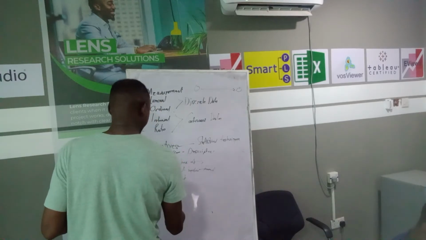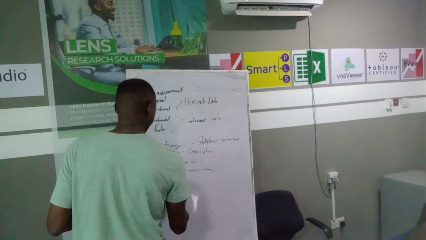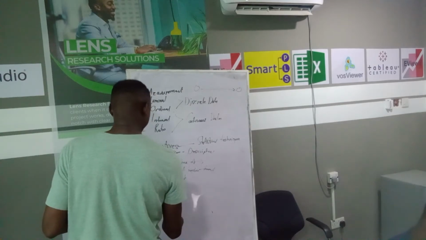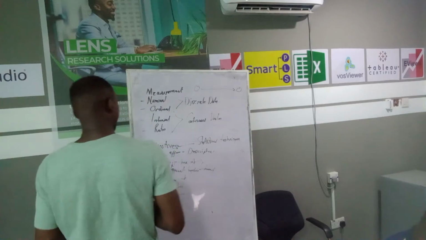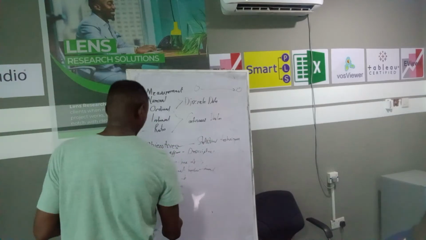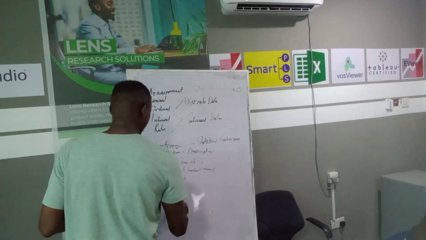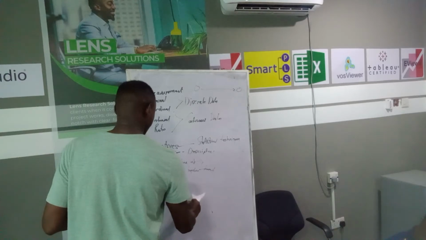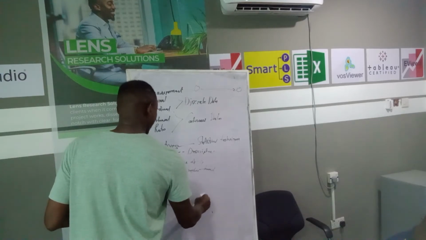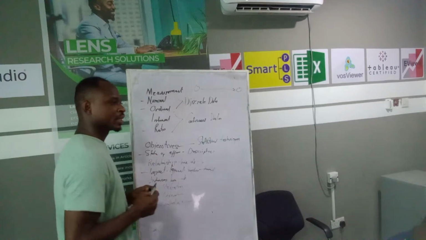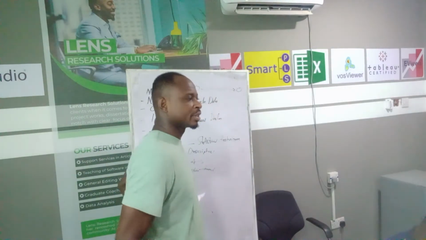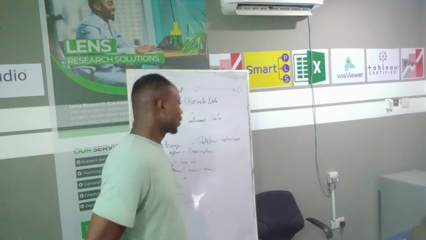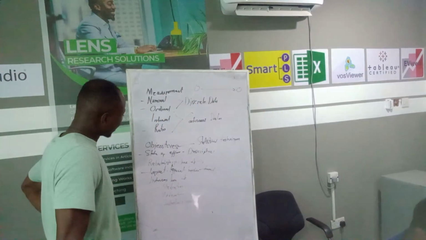And for that we have mediation, we have moderation, and then we have controlled analysis, where you can hold certain factors constant and still estimate the effect of one factor on the other.